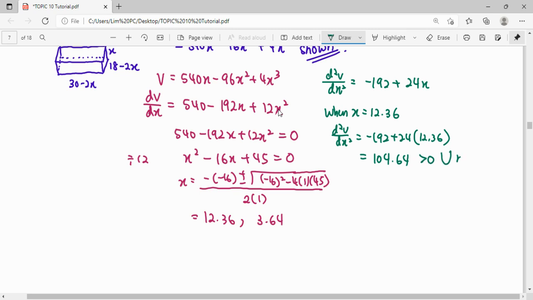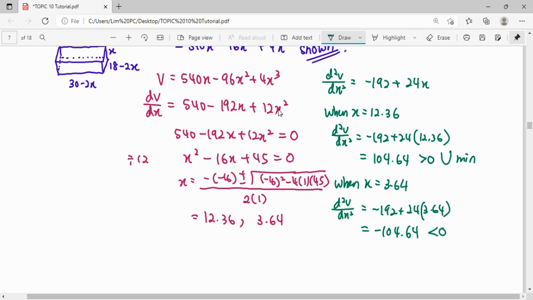So it will be a minimum case. Another critical value is x equals 3.64, so we verify it with our second derivative test. We get negative, so concavity is downward, and this is our maximum case.